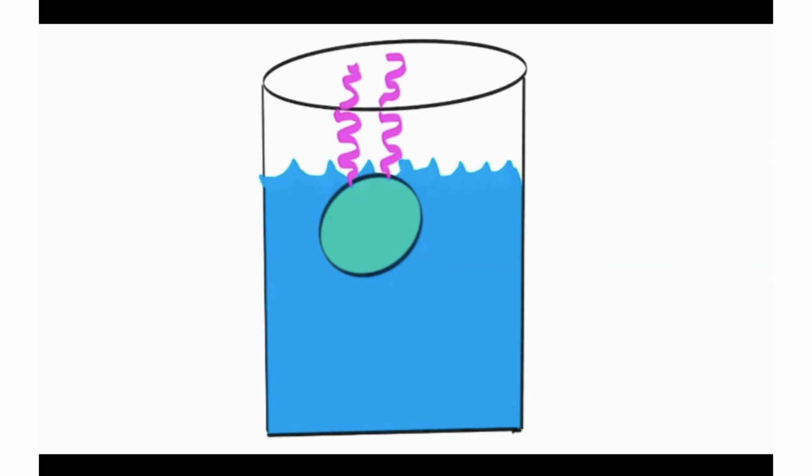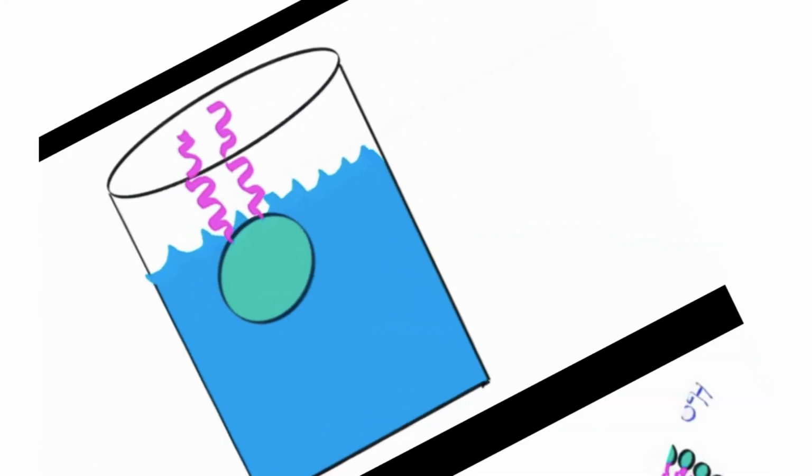The lipid tails are sticking up and out of the water because they do not want to interact with water because they are hydrophobic. They fear water. Whereas the polar head of this phospholipid loves to interact with water because polar molecules love to interact with each other. Water is polar. The phosphate head is polar. So it's going to embed itself within the water.